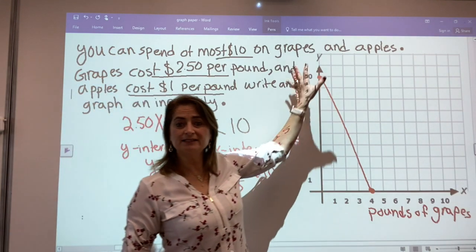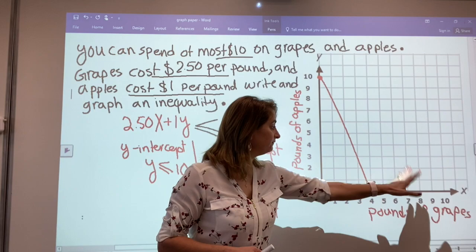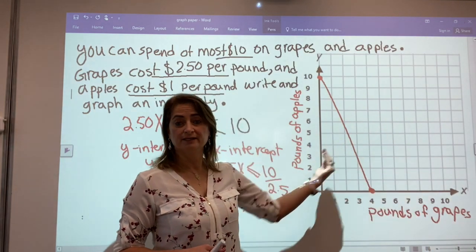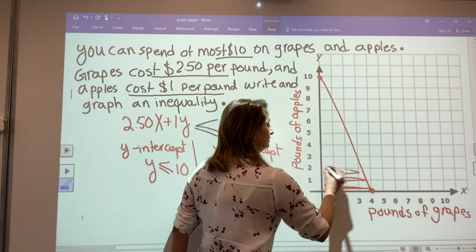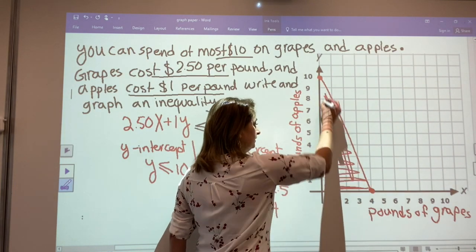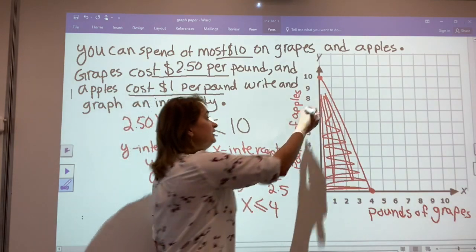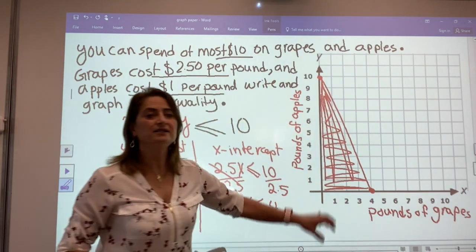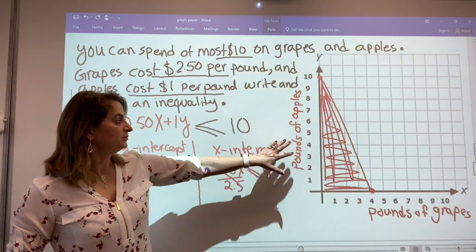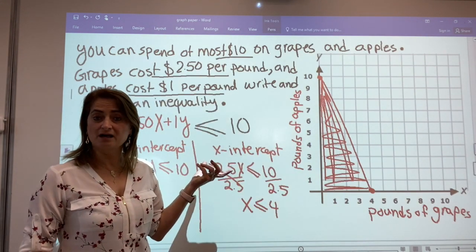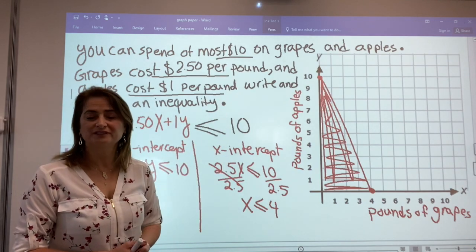I cannot exceed the 10, I cannot exceed the 4, so I know I need to shade this side. So shade this side. And everything inside of the shaded area is a combination of both number of pounds of grapes and number of pounds of apples, paying this cost with a maximum of $10.